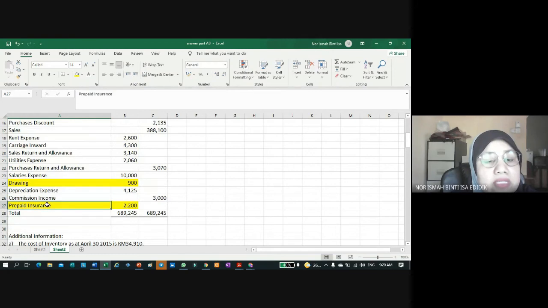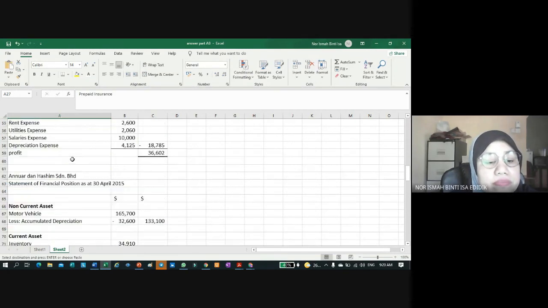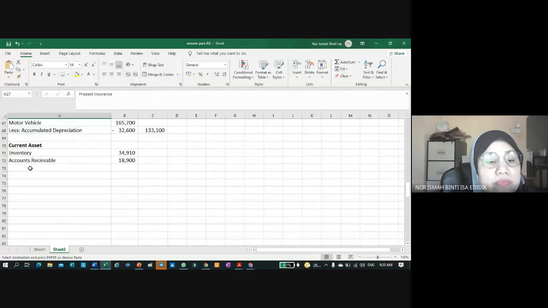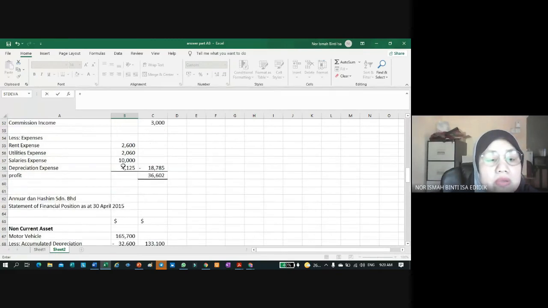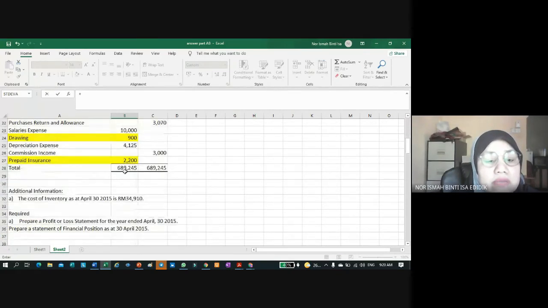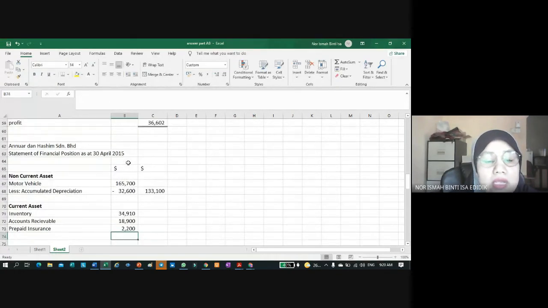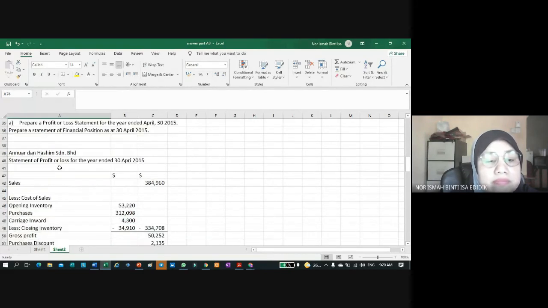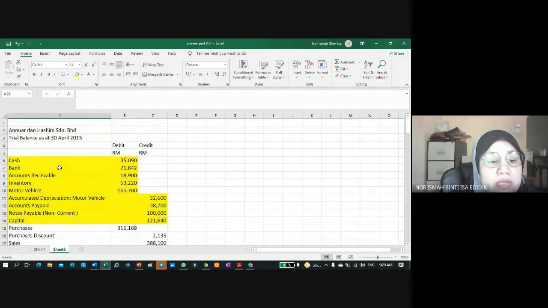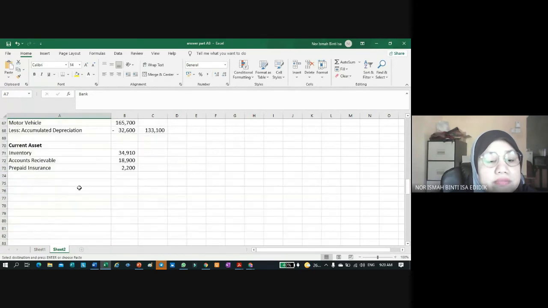Prepaid insurance is an asset. Prepaid insurance, this one. And then we put the bank. Bank. Ikut kecairan dia ya.